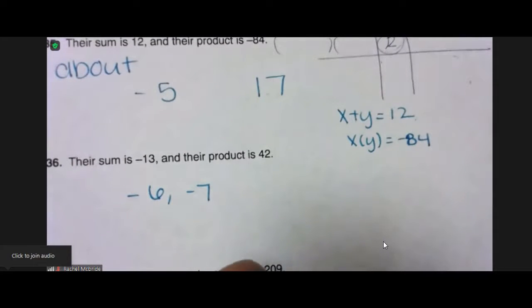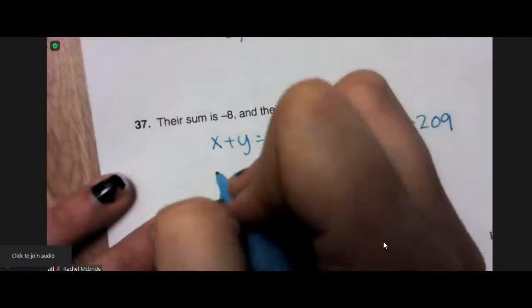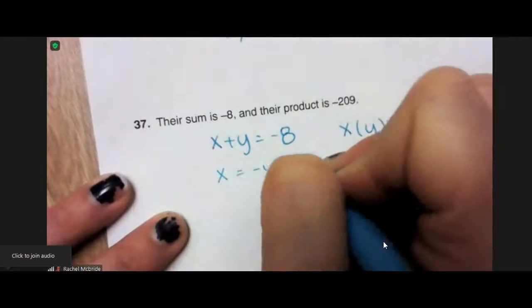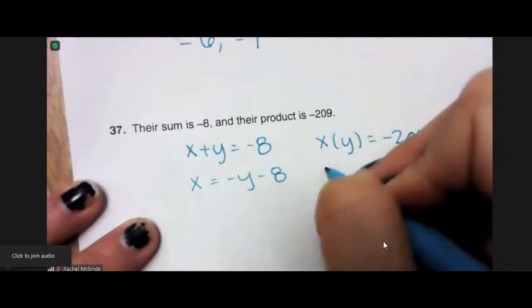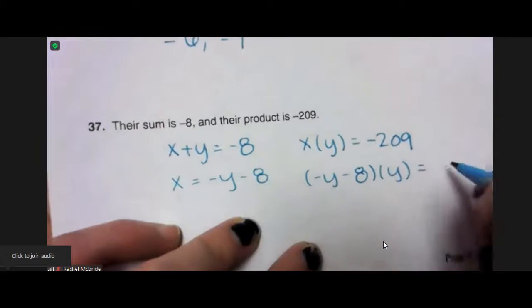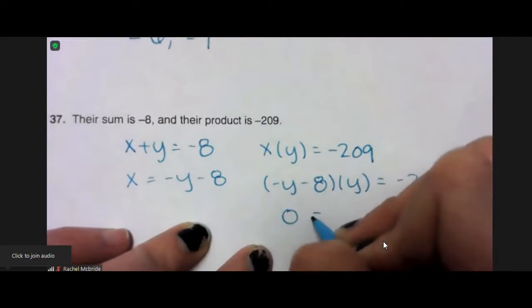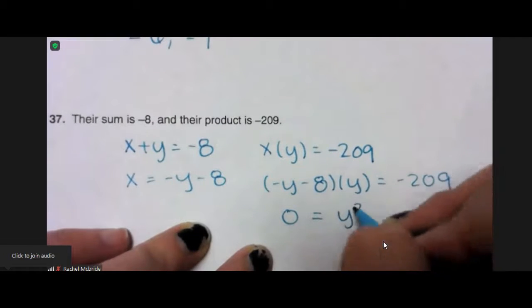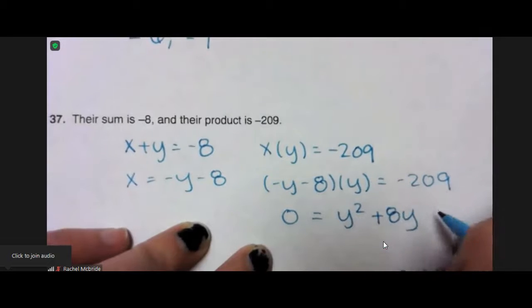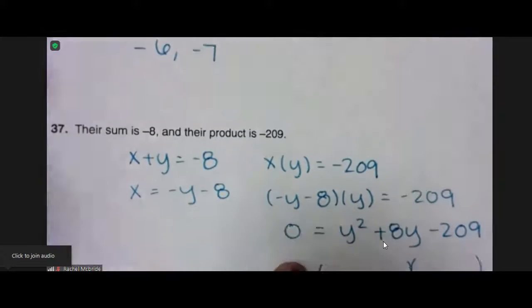And then here x plus y equals negative 8. X times y equals negative 209. And that gives x equals negative y minus 8. Factors of 2 and 9.